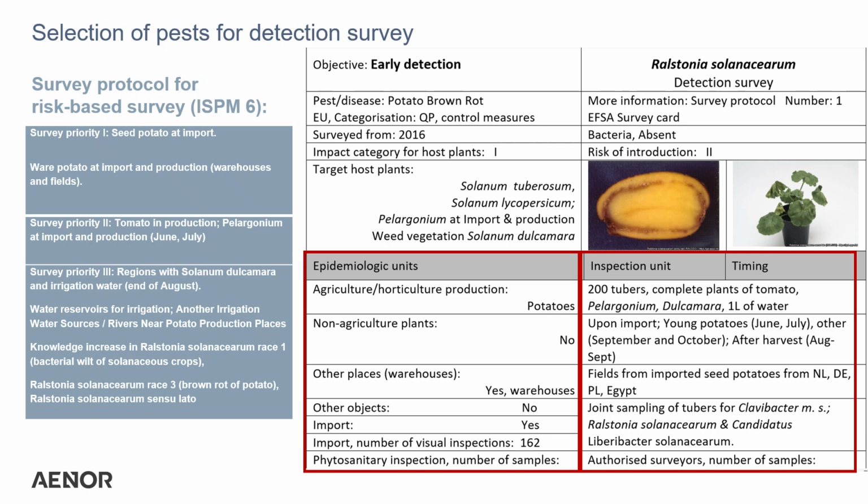Then survey priority 3, if we still have resources and available inspection units, then regions with surrounding dulcamara and irrigation water will be sampled at the end of August. This is an example of instructions for inspection in the field.